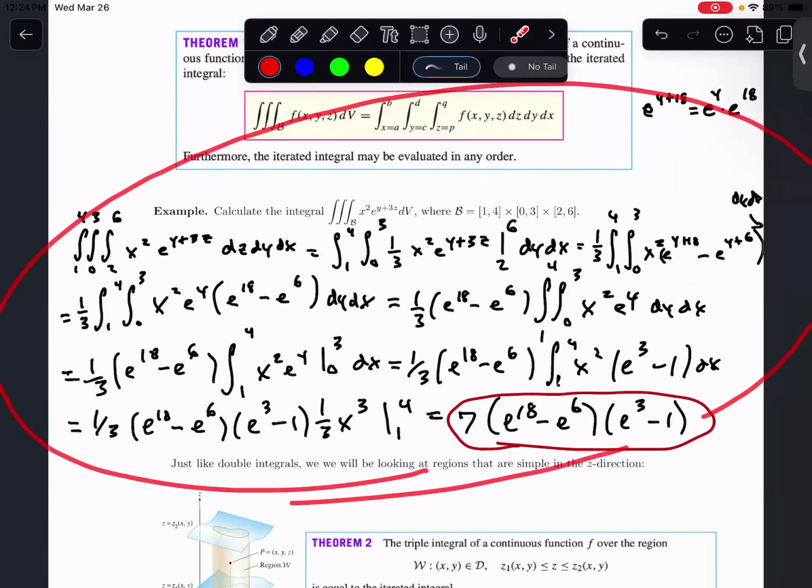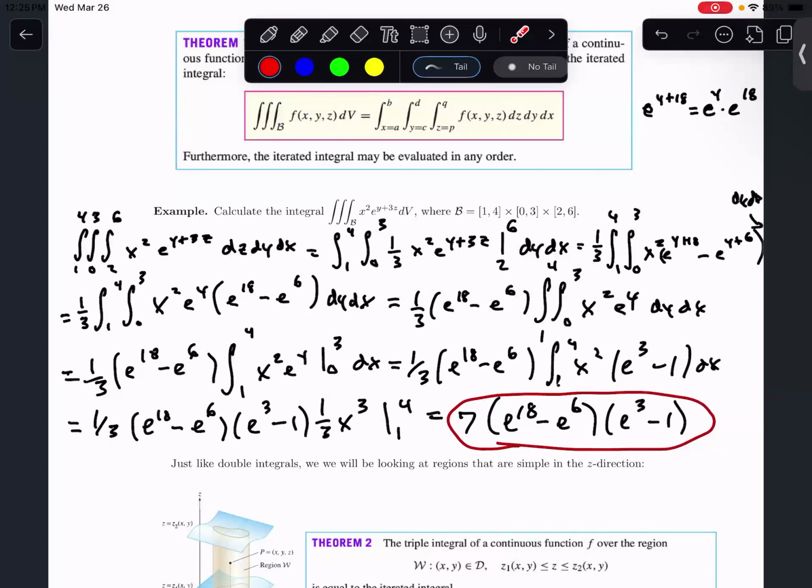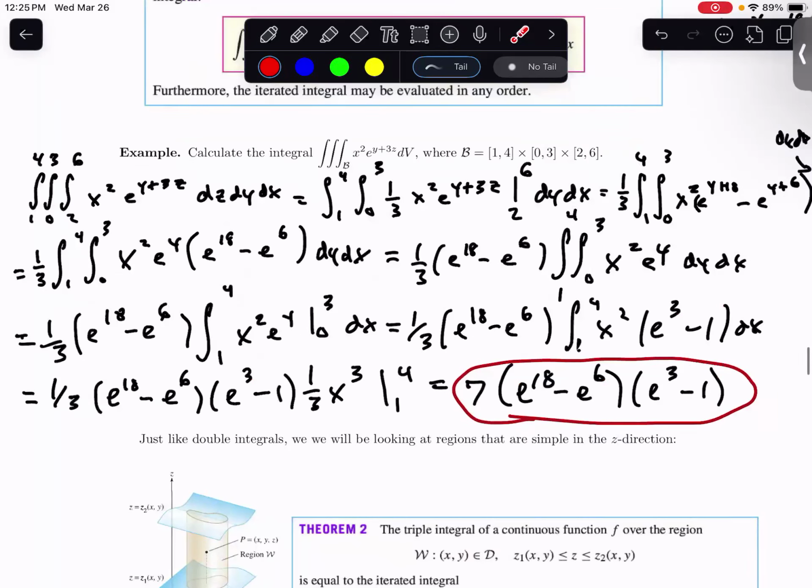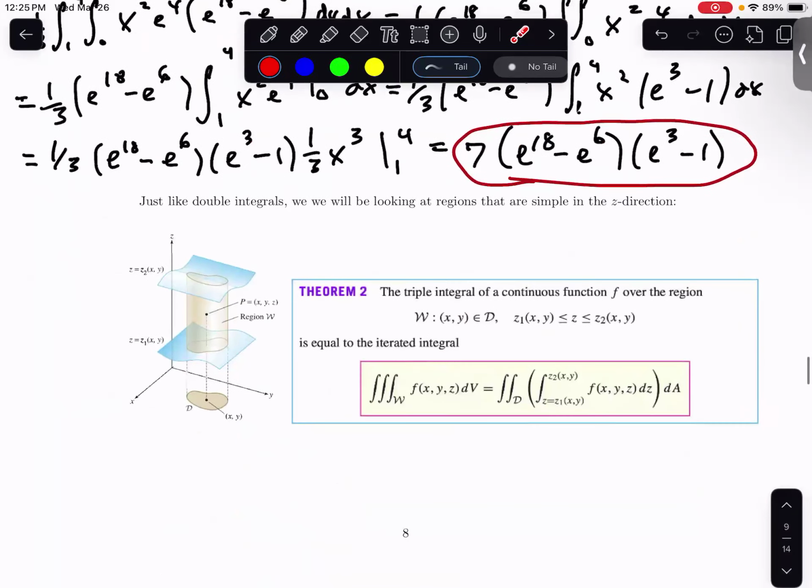Any questions about this example? We'll have tools later on that are akin to the fundamental theorem of calculus, where we'll be able to think of triple integrals as special kinds of double integrals. And we'll develop some tricks later on that'll make these computations nicer, assuming you understand the tricks. Otherwise, it's just going to look really confusing.